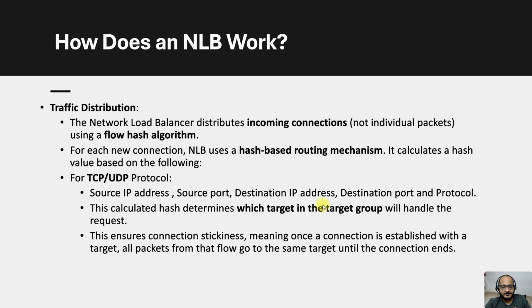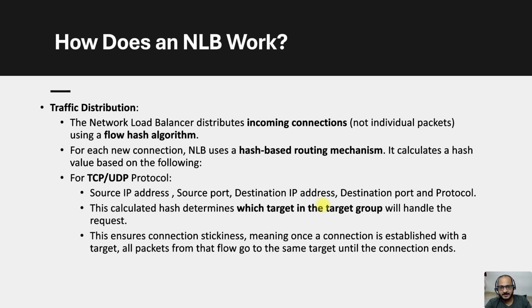In simple words, whenever the client sends a request to a particular target, for example an EC2 instance where we have hosted our application, the first point of contact for that request will be a network load balancer, and then it will go to the listener, because if we don't have any listener on the network load balancer, then it will not listen to any request from the client. Then from the listener, it will pass through to the target group.